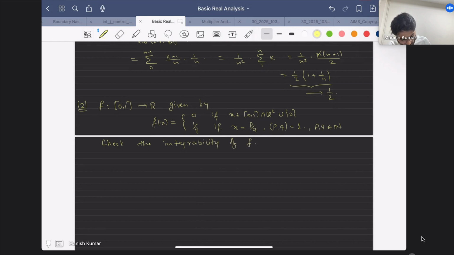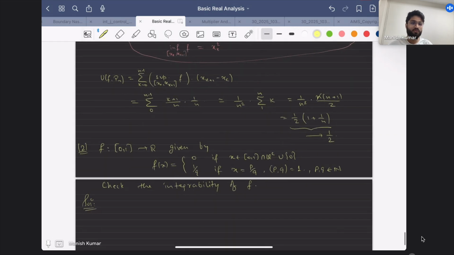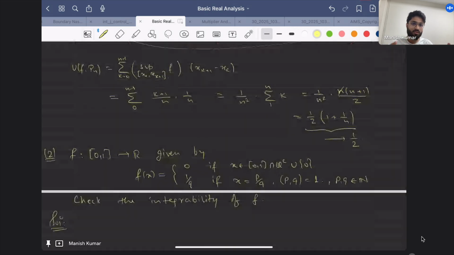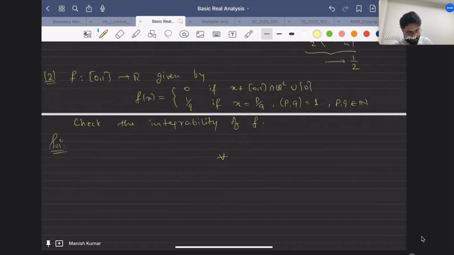of f. Like before, we'll try to proceed in the same manner. We know this theorem that a function f from a b to R is integrable if and only if for all epsilon greater than 0 there exists a partition P such that U f P minus L f P is less than epsilon.